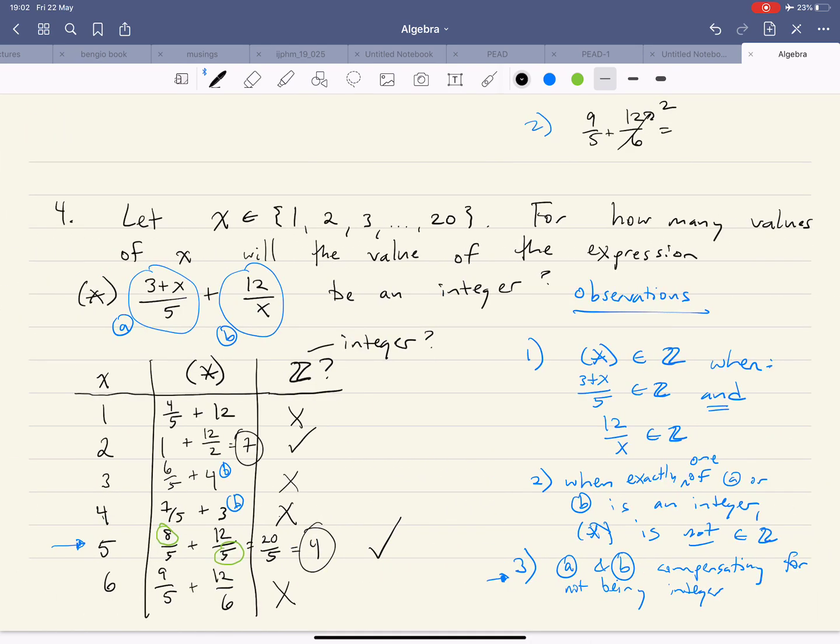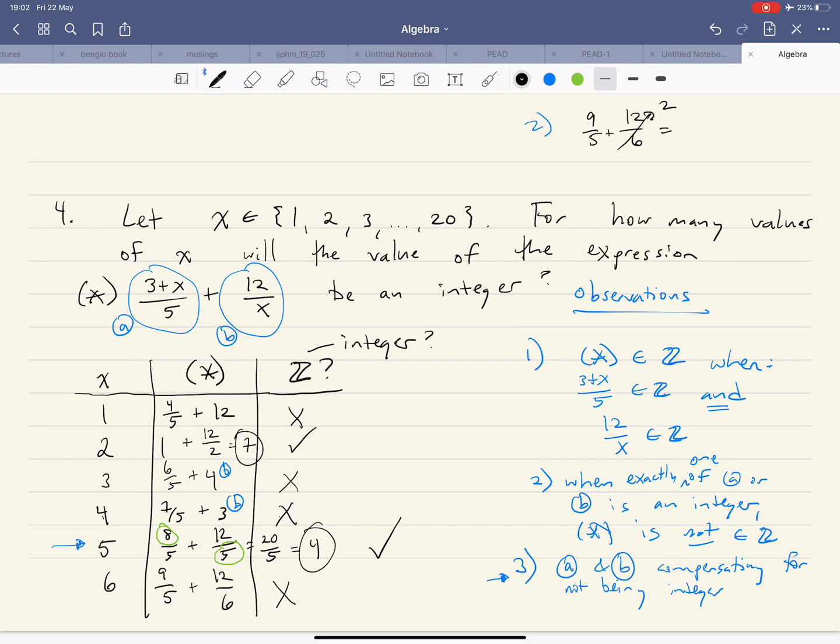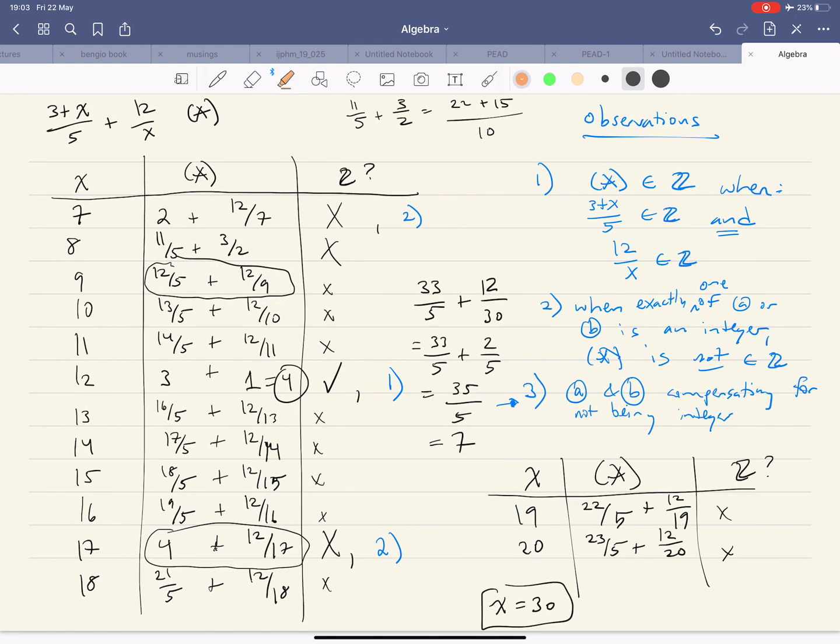So the question was, for how many values of x will the value of the expression be an integer? And we found where x is restricted to this domain here, we found this value for x. Oh, I did the wrong thing there. We found this value for x, this value for x, and this value for x.